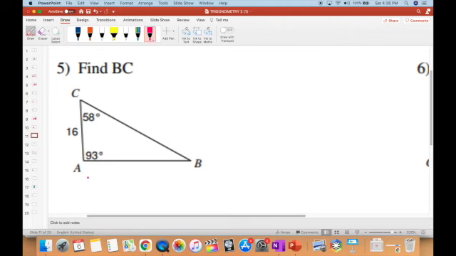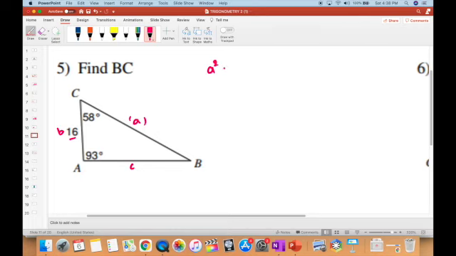First, let me label everything properly. So this is the angle A, which means this is the side A. This is the angle C, which means this is the side C. This is the angle B, which means this is the side B. So I have the side B. What do I want to find? I want to find the side A. That is what they're asking me for. So let's see if I could use the cosine rule.